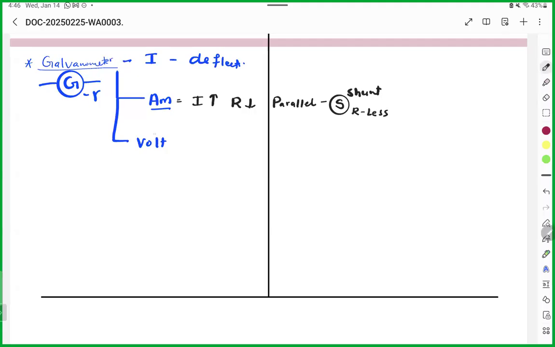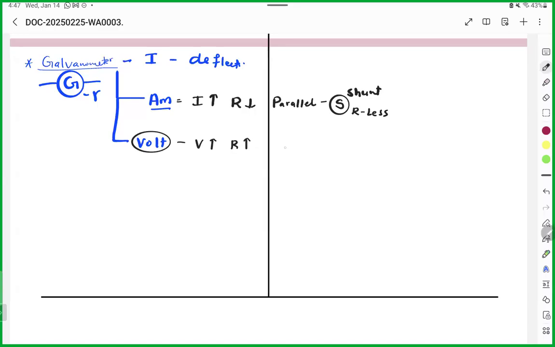Okay, voltmeter. In the voltmeter we want to calculate voltage, so voltage should be more. If you want more voltage, what should your resistance value be, less or more? Because in series the current remains the same, resistance should be more.